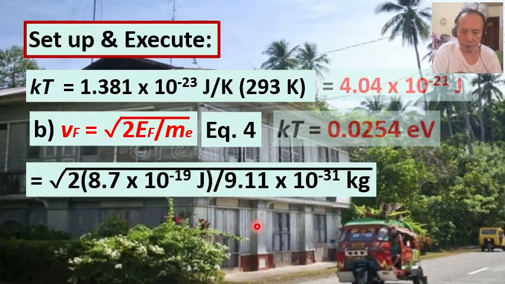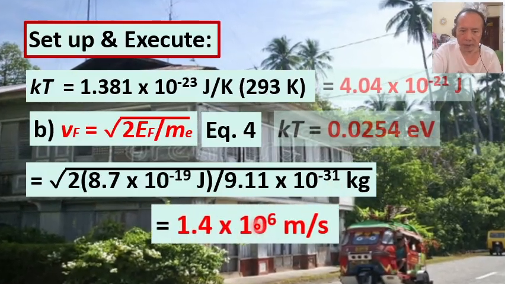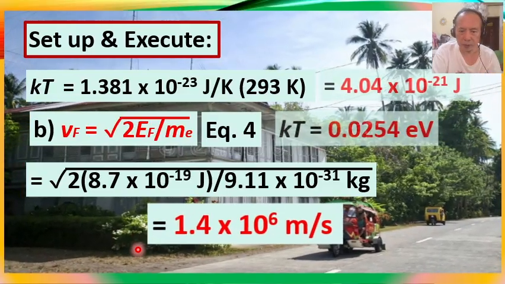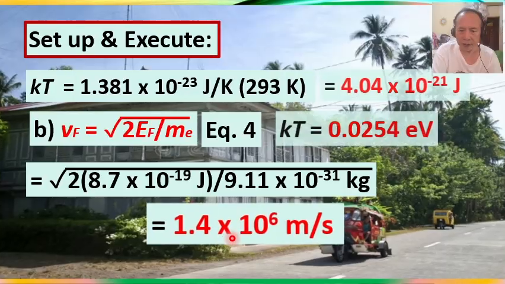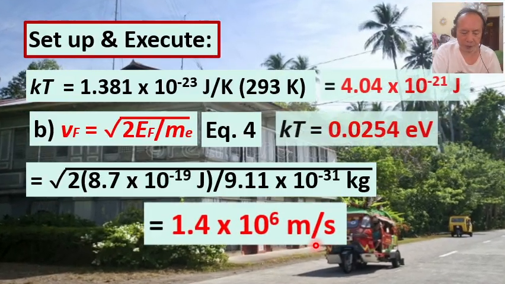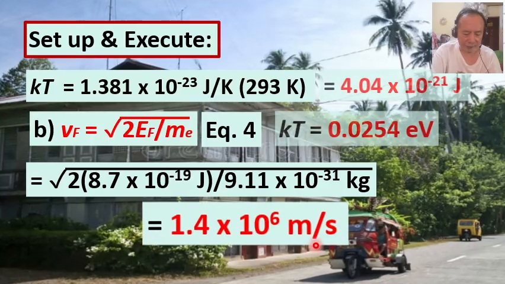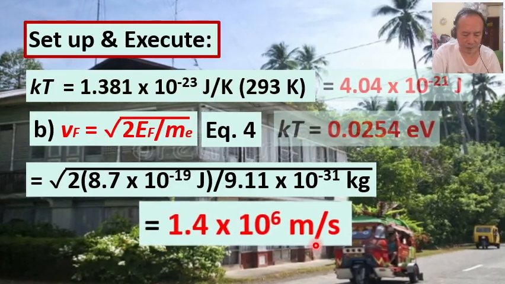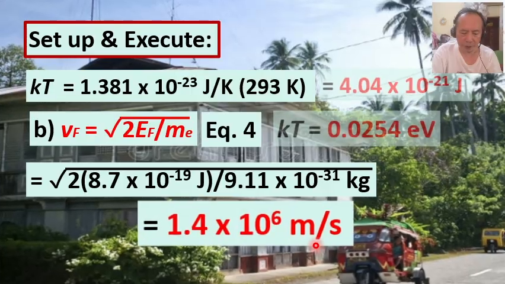So when we do our math, we get the value of the electron speed equal to 1.4 times 10 raised to the 6th power meters per second in two significant figures.